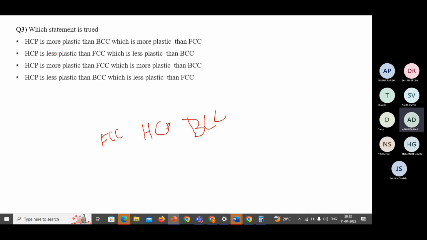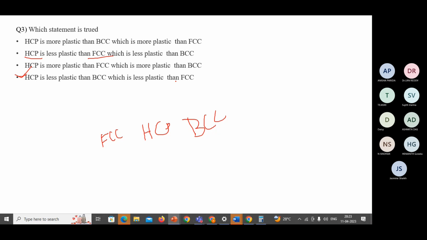So FCC is less plastic than HCP. HCP is less plastic than FCC, right? This one is correct only: the HCP is less plastic than BCC, which is less plastic than FCC.